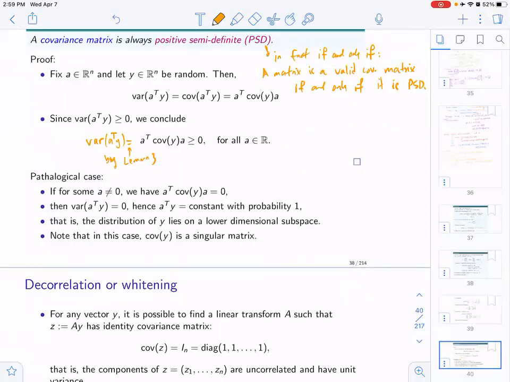So we have shown one direction: if a matrix is a covariance matrix, it should be positive semi-definite. The other way is also true. If a matrix is positive semi-definite, then there exists at least one random variable whose covariance matrix is that matrix. So this is a complete characterization.